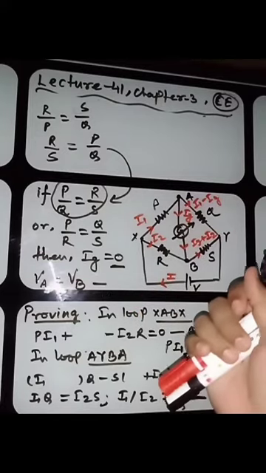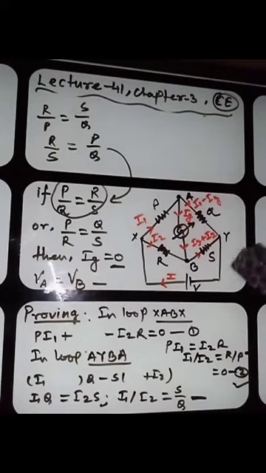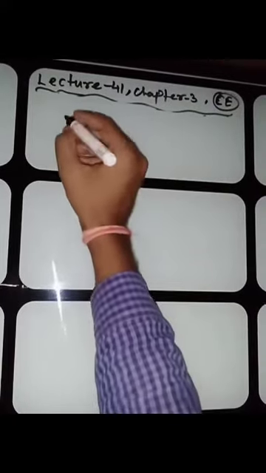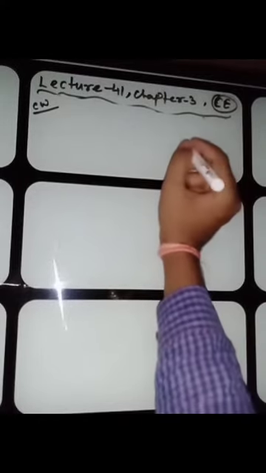Okay, let me see a few questions which are based on the balanced Wheatstone bridge that are very simple. I hope that you can solve the question before I start solving. All right, so the first question. First, you will find whether it really is a balanced Wheatstone bridge, and then you will start solving the question.